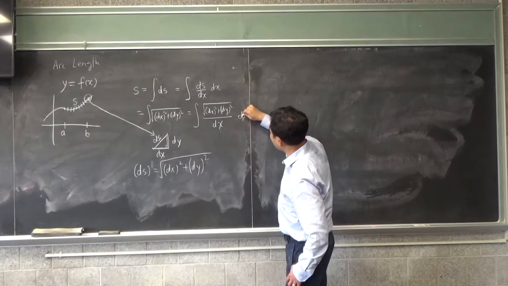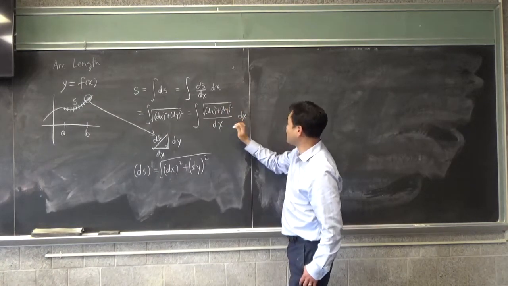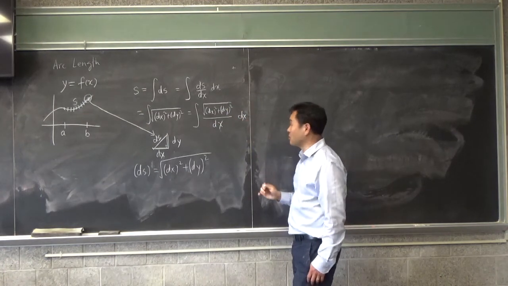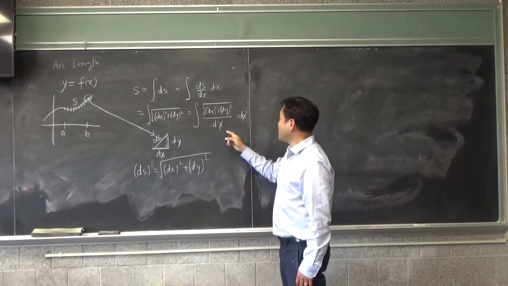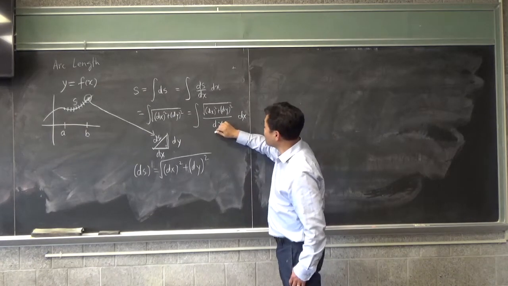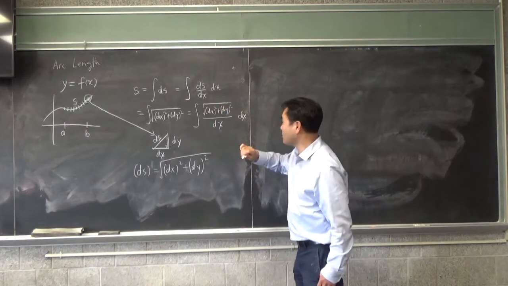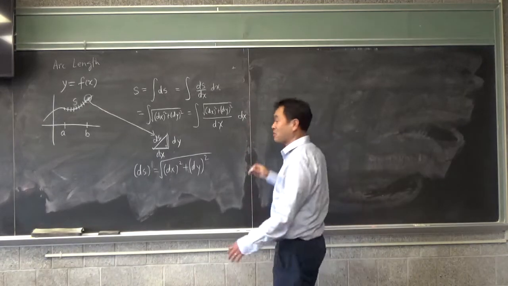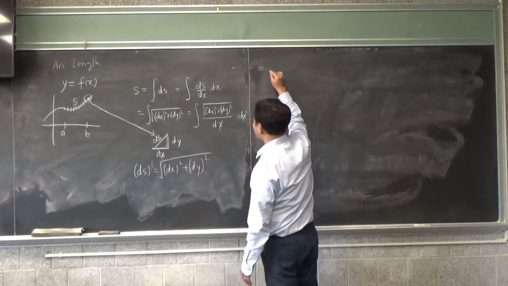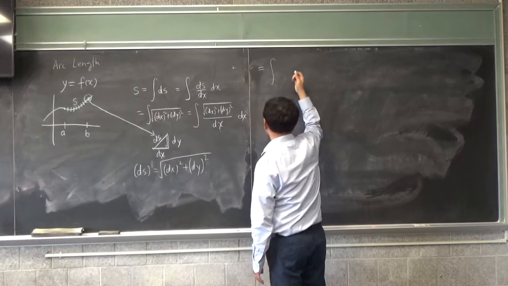As long as I can make sense out of this, I just have to integrate by x. That's all it means. Then this one we have to work on a little bit, just using some algebra. Algebra can sometimes feel like sorcery, but it works.